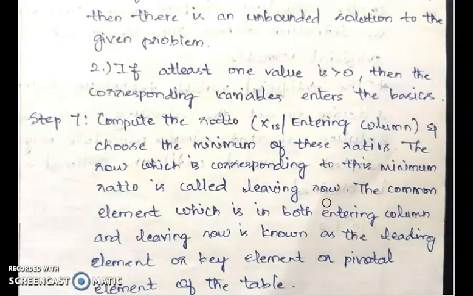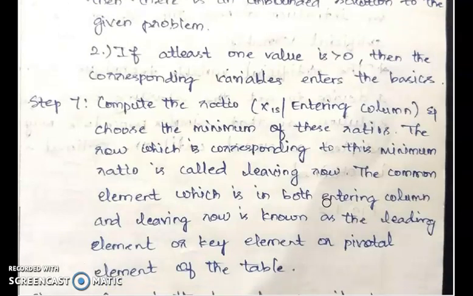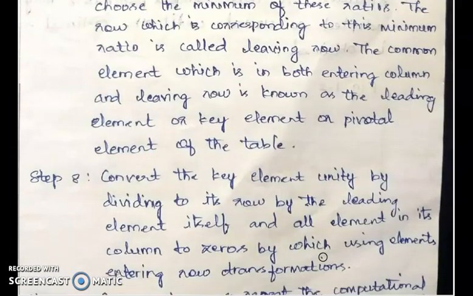The row corresponding to this minimum ratio is called the leaving row. The common element of both the entering column and the leaving row is known as the leading element, or key element, the intersection point. This is the pivotal element of this table.